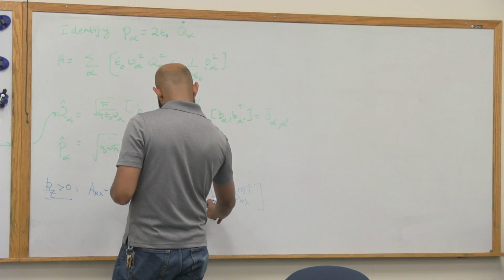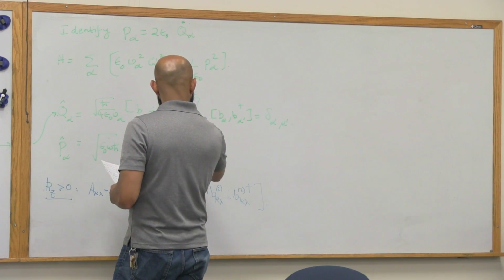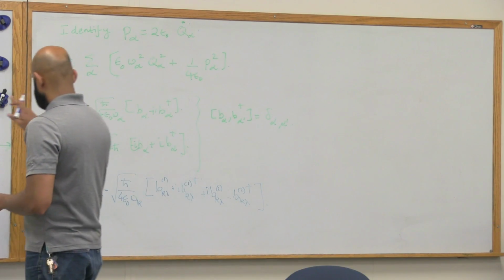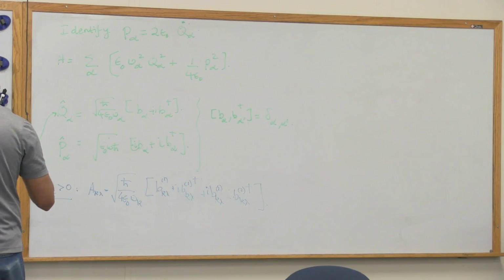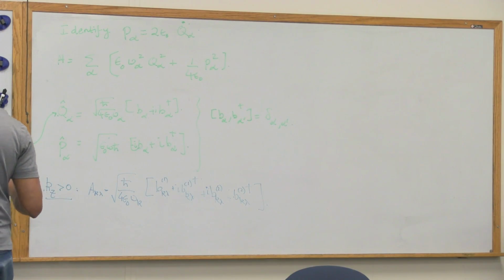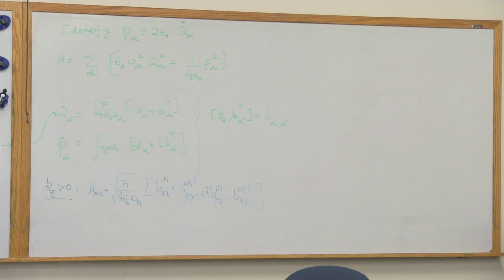Okay, that is correct. Plus i times b_kλ minus.